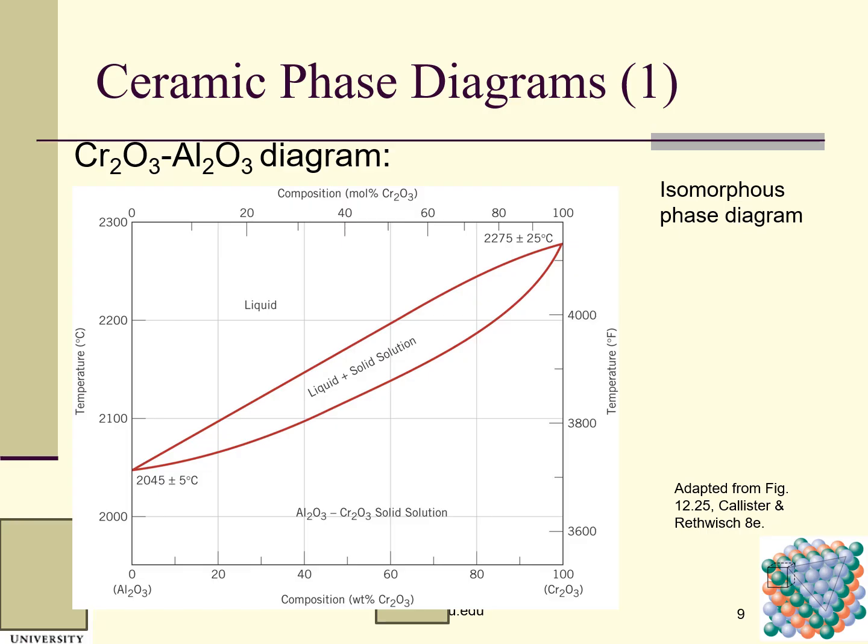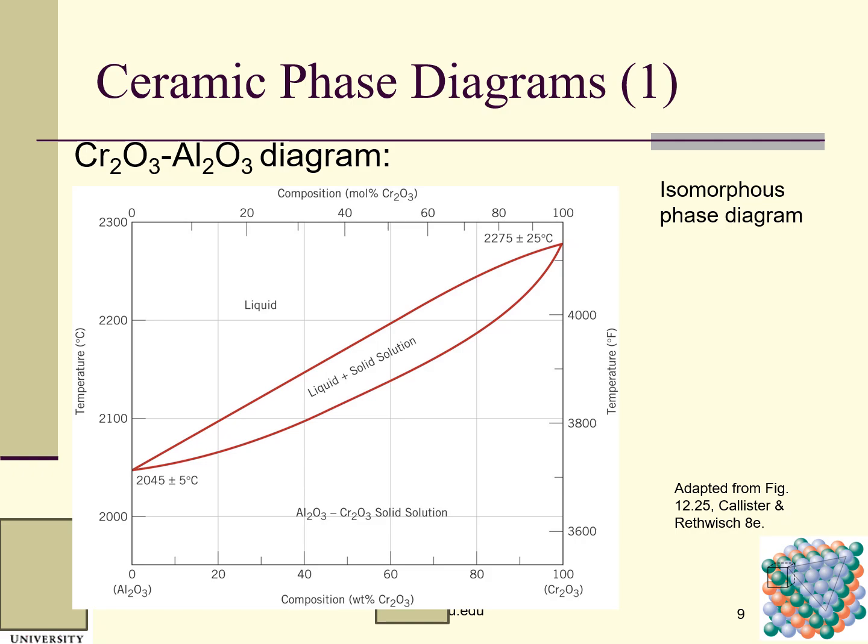And then we talk about ceramic phase diagrams. We talked about phase diagrams for metals and metal alloys, and here are ceramic phase diagrams. And also, what is a phase diagram? Here is temperature, the ordinate is temperature.